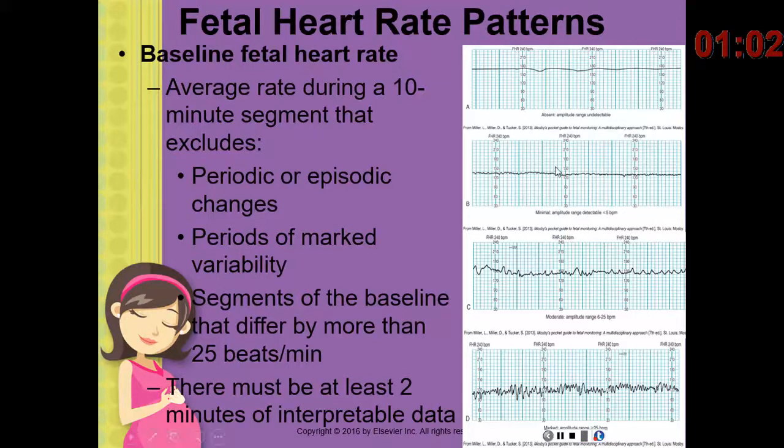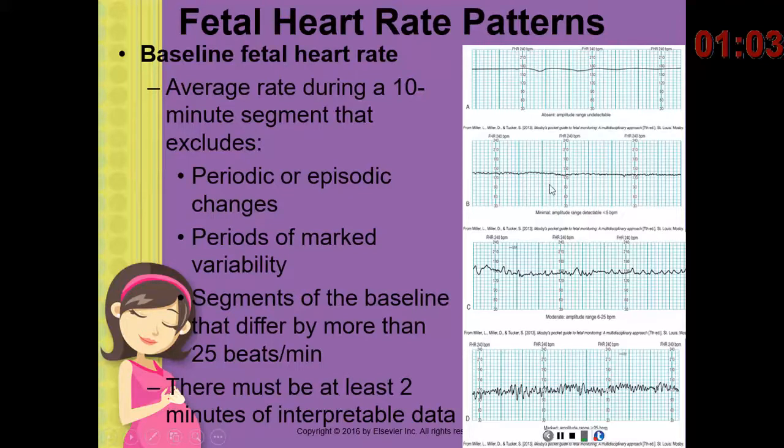Okay, this strip is ominous. This is bad because it's so smooth and there are a couple of little decelerations. We don't see contractions, so we can't compare, but this is bad. All right, this could be not great, or it could be that the baby is in a sleep cycle.